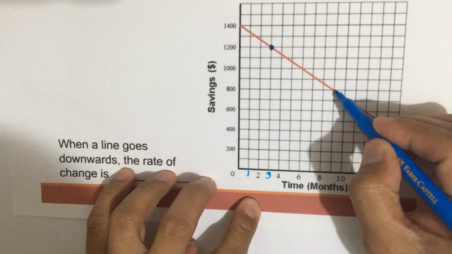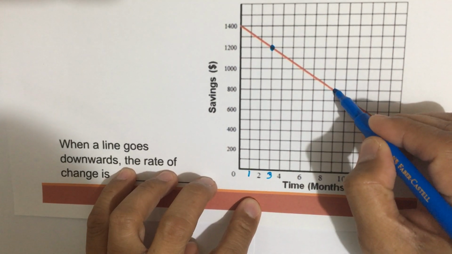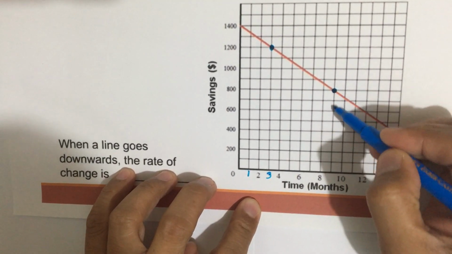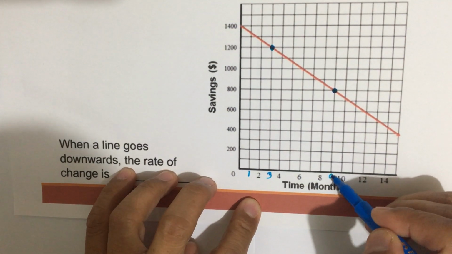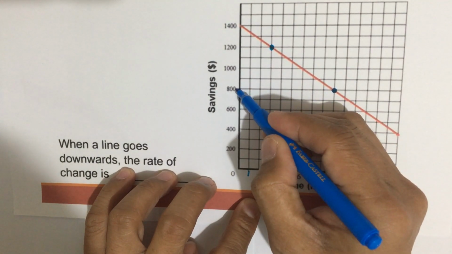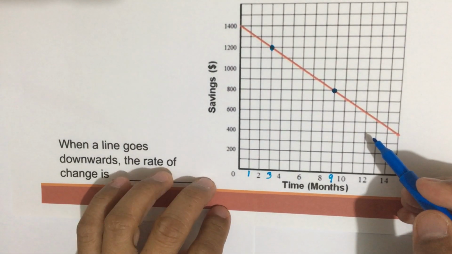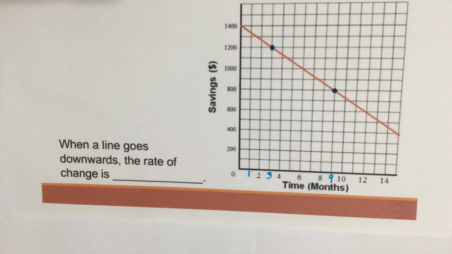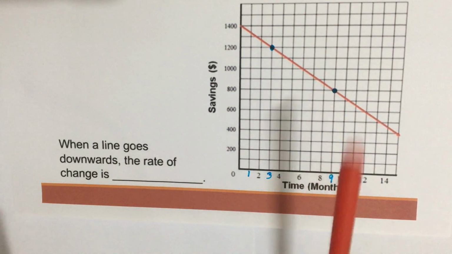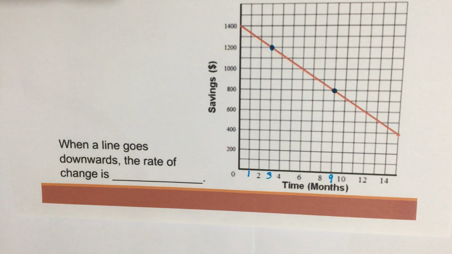Okay, so let me choose this one, because here at this point I can read this is equivalent to 9 months, and the corresponding amount, which is 800. Okay, so now we have already done the choosing of 2 points.